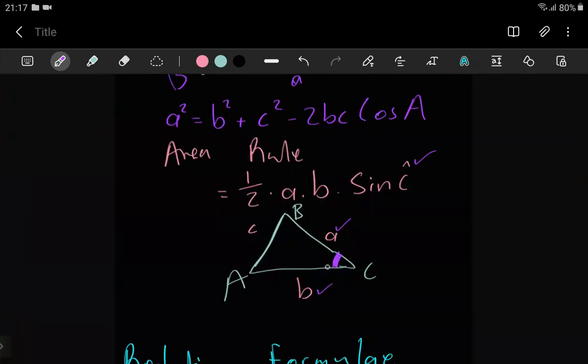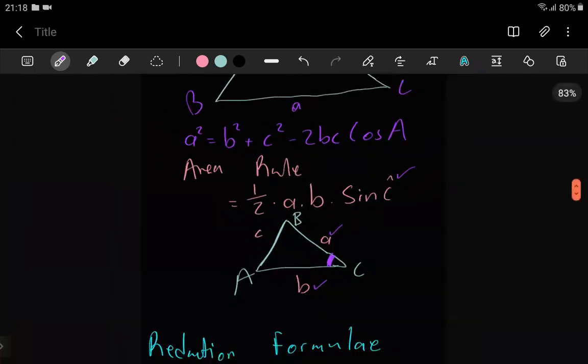It has to be specifically these two sides. The information needed is a side here, a side there, and an angle over there. That forms the area rule.